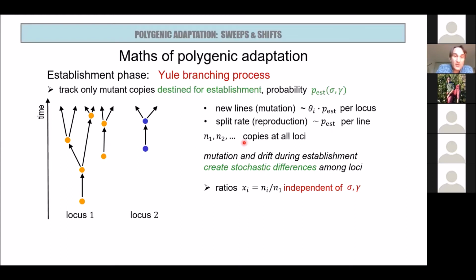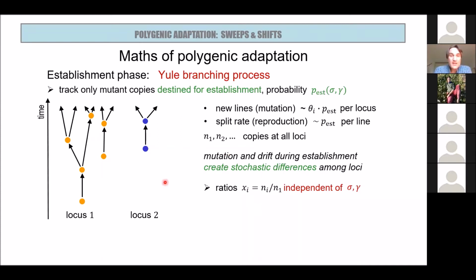And okay, so we see this mutation and these reproduction events during establishment, they create stochastic differences in the number of lineages that we see at various loci, right? So this is a first locus here, this is a second locus, and in the end we want to count the number of lineages that we have at each locus, because this tells us something about the allele frequencies.